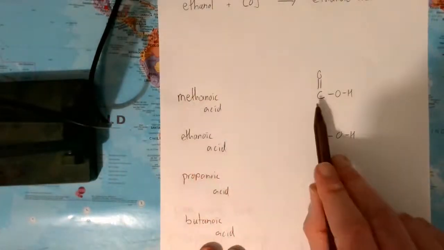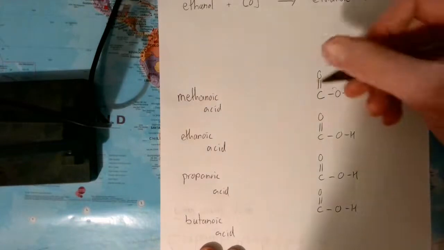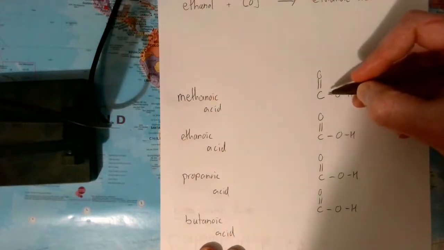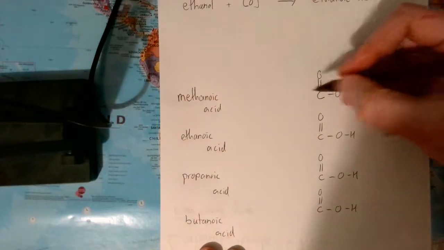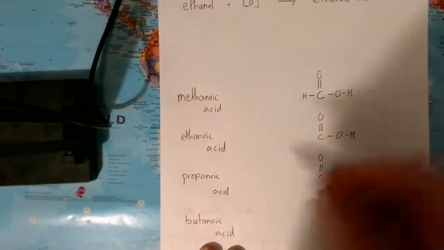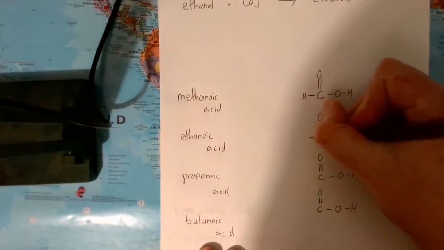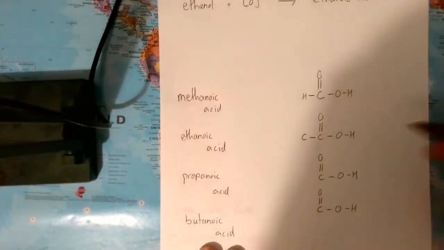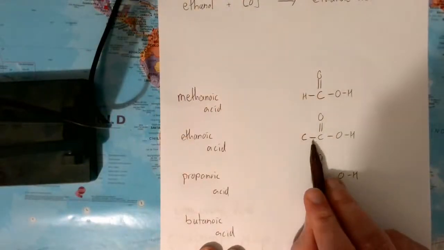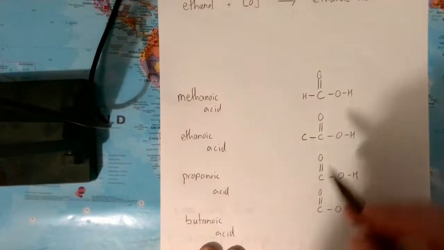Meth, one carbon. Well, there is one carbon here, and there will be nothing else. So we know we have to get 4 bonds for every single carbon. We have 3, so simply put one hydrogen, and there you've got it. For ethanoic acid, one carbon already. The eth tells us 2, so put the extra carbon in here. This carboxylic carbon has 4 bonds already, there'll be nothing else.